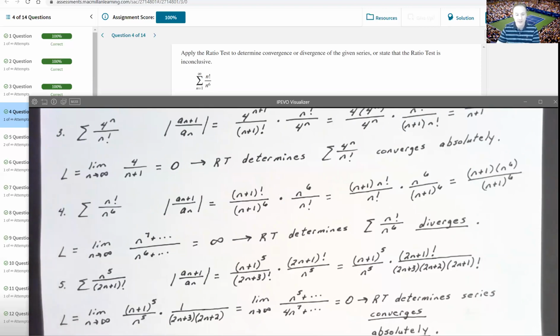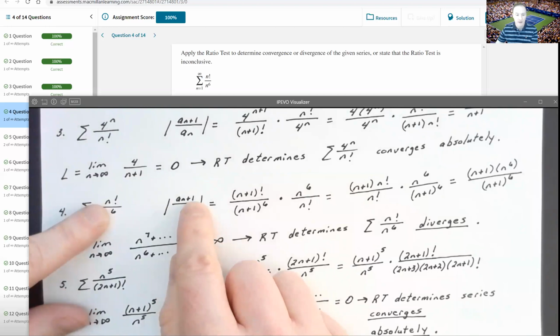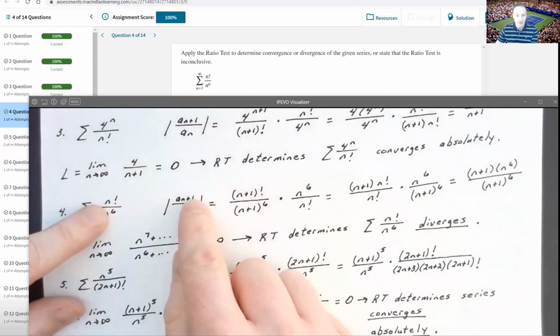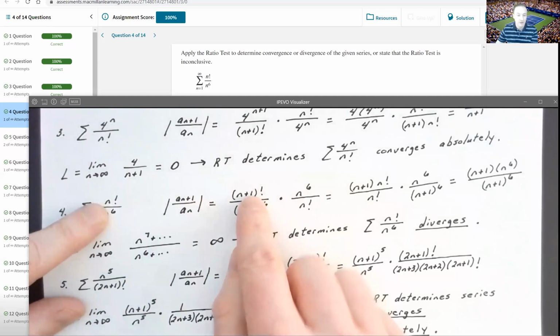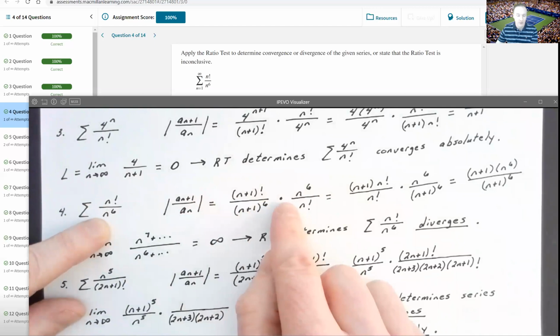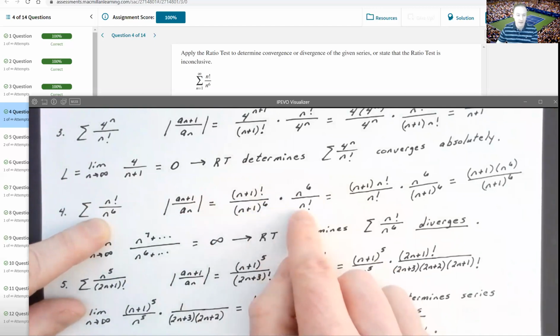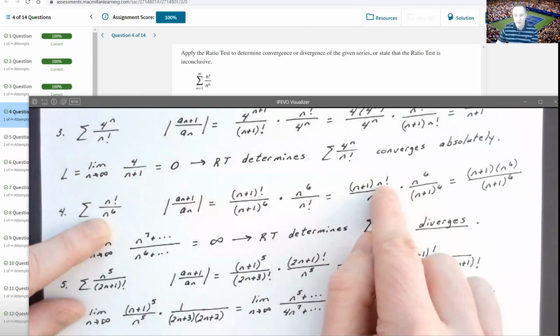Now, in order to see that in action in this problem and how the ratio test can show you that, we do our absolute value of a sub n plus 1 over a sub n. That gives me n plus 1 factorial over n plus 1 to the 6th, multiplied by the reciprocal of a sub n, n to the 6th over n factorial. Now I can see that my n plus 1 factorial is n plus 1 times n factorial.